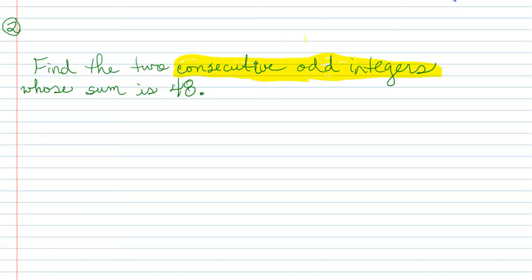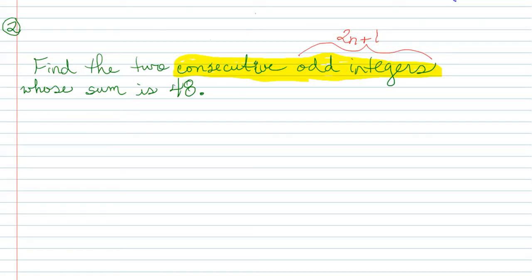So first off, what you need to look at for this is representing your odd integers. Now earlier we said that 2n plus 1 would cut it for odd integers. Now, what I'm going to do is come below this problem and start working it out.